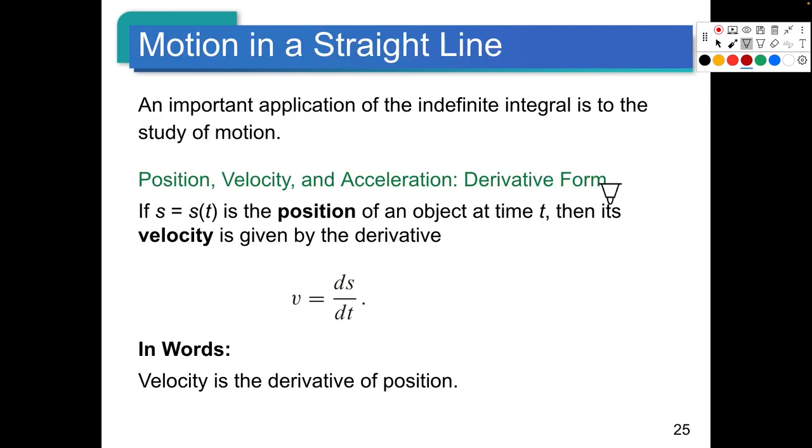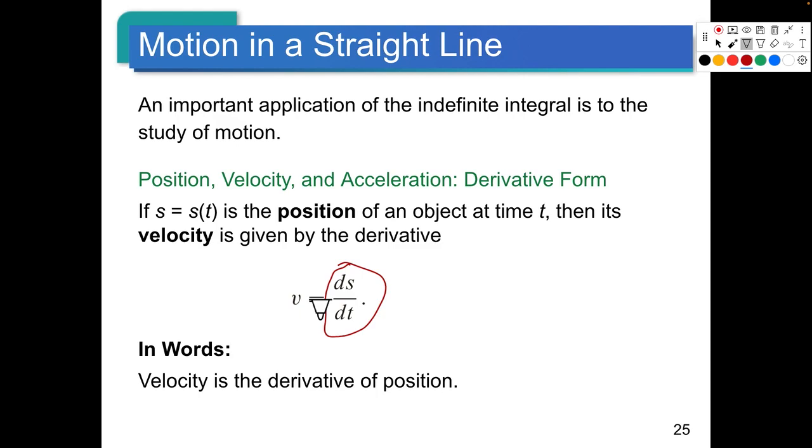And actually, as I was driving in this morning, I think I got a way to explain the units on acceleration now. Okay, so s equals s of t is a position function. If we take its derivative, we get velocity. That's what we just said.